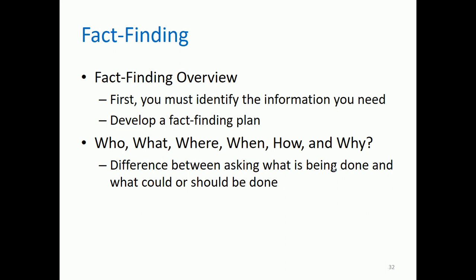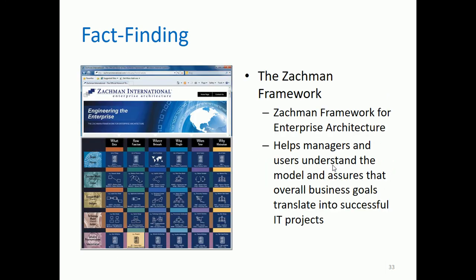If you're asking what is being done, you're asking about current operations, or what the user really does in their day-to-day work. What could and should be done is more of asking for suggestions or improvements to the current information system. So these are two different things when asking questions.